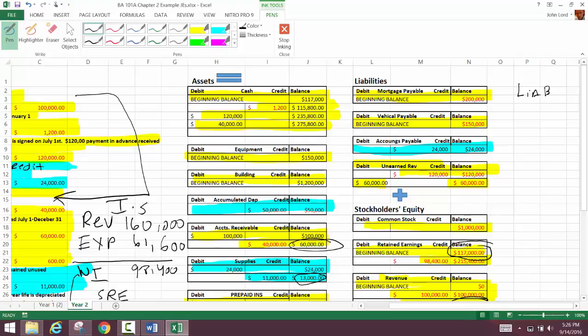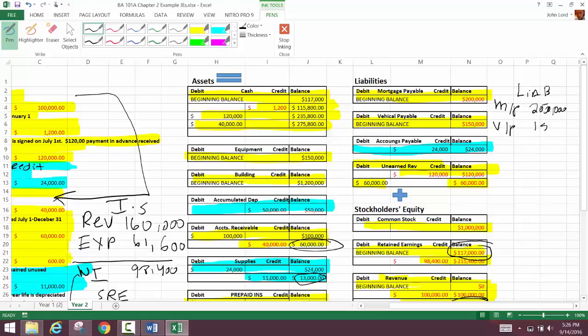Liabilities, we have the mortgage payable still. I guess as long as it comes down to where we want it to, that's okay. The mortgage payable is 200,000. Yep. That's the weirdest thing I've ever seen. Okay, and how much is the vehicle payable? Vehicle payable is 150,000.